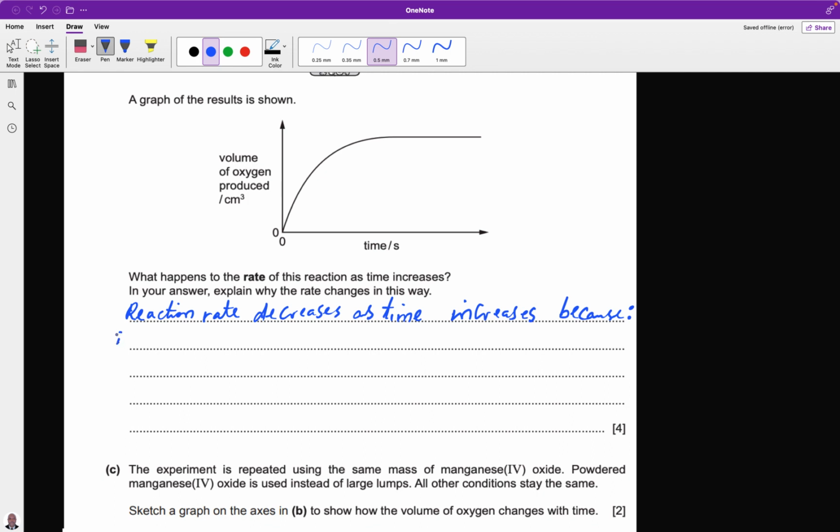Our first reason is that hydrogen peroxide is used up, and this decreases the number of colliding particles.